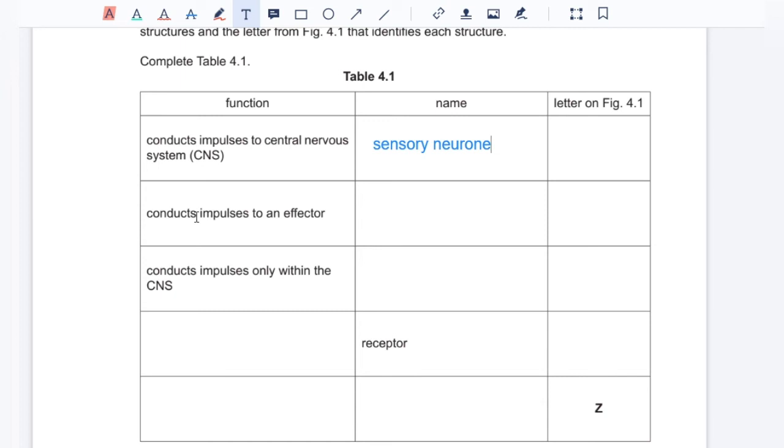And the structure which conducts impulses to an effector is a motor neuron. The structure which conducts impulses only within the central nervous system is a relay neuron. And the receptor's function is to detect stimulus.